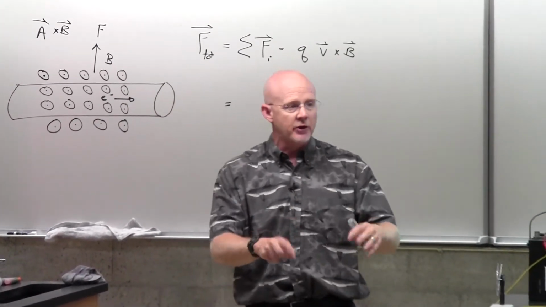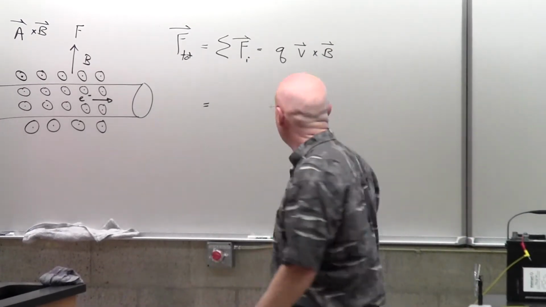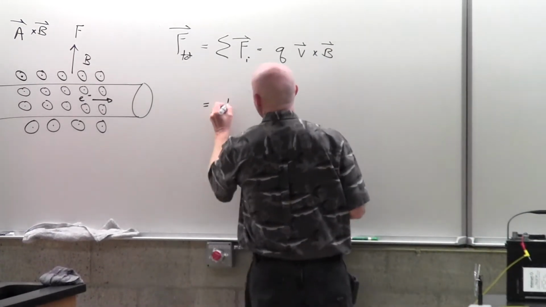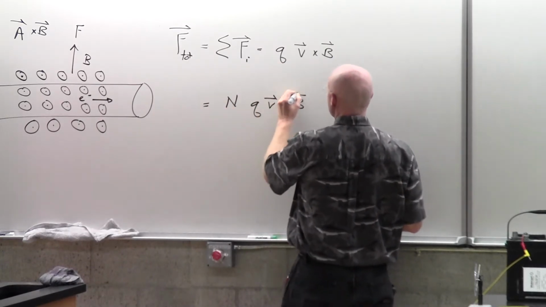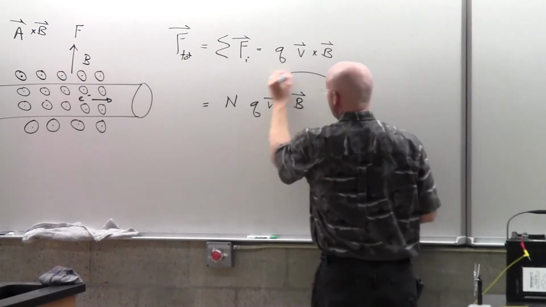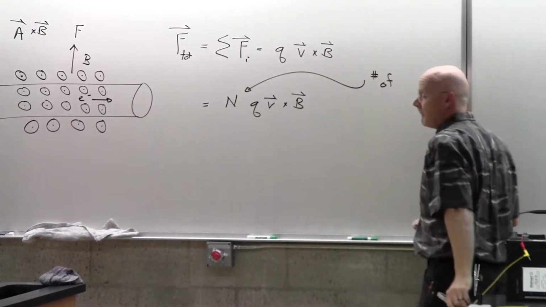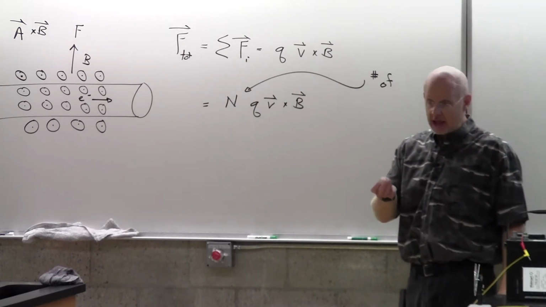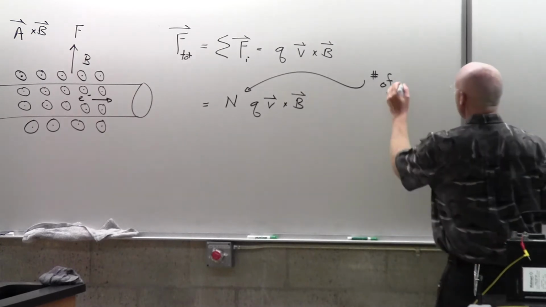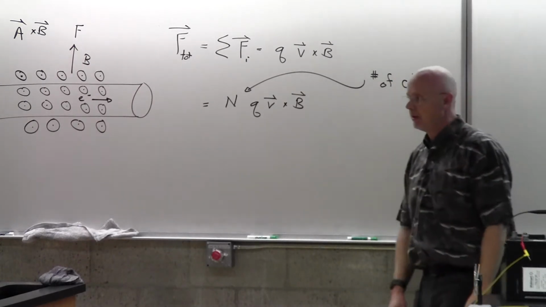They're in the same magnetic field, going with the same velocity, the same direction, the same charge. And so this just simply becomes N times V cross B, where N is nothing more than the number of, and in this case they're electrons. Could I call them charges just in case they weren't electrons? So I'm going to just say that would be the number of charges.